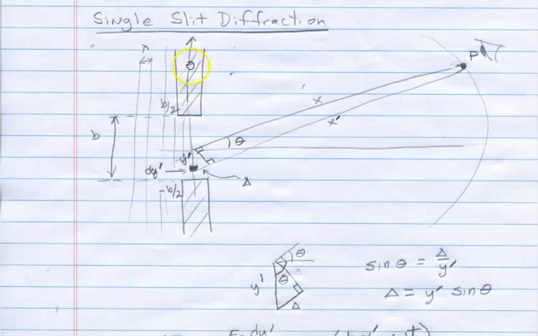The slit is vertical, so a view from the top looks like this, with the slit width I've chosen as b. And we impinge on this plane waves exactly perpendicular. The wave fronts are exactly parallel to the plate that has the slit in it. Okay?